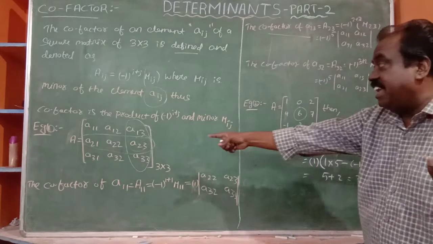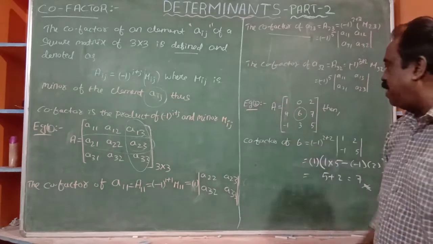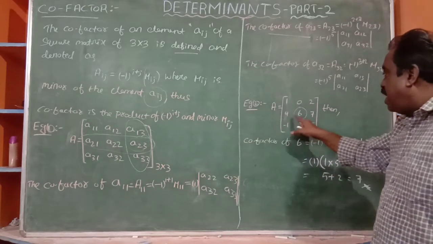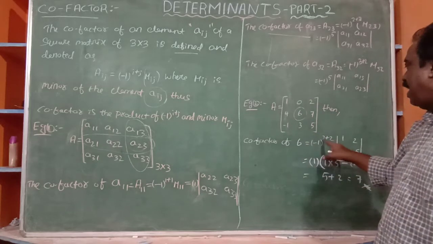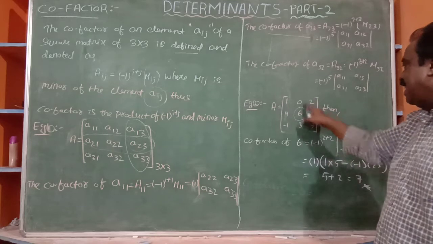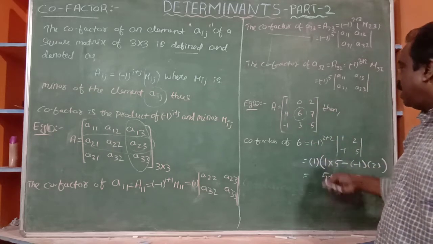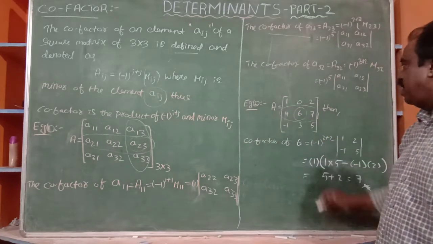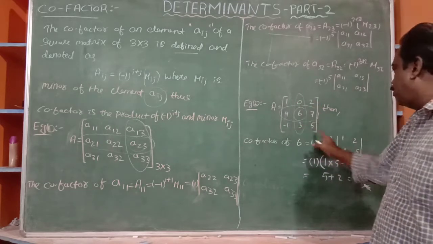Here the position is given with the prefix of that number, but here 6 is not given a position. 6 is in the second row and the second column. So 2 plus 2: i is 2, second row, plus j, 2, second column. Minus 1 power 2 plus 2. If you delete the row where 6 lies and the column where 6 lies, we get 1, 2, minus 1, 5.